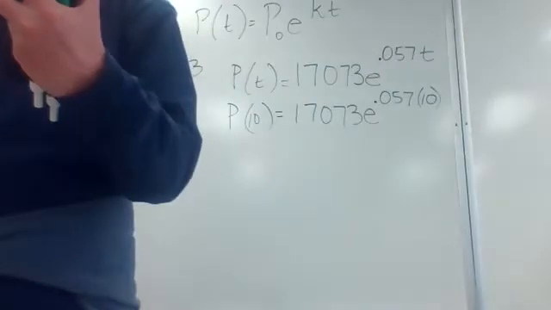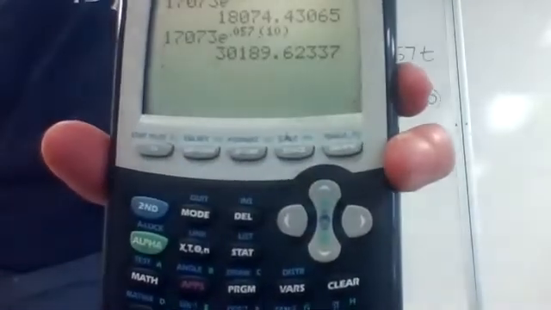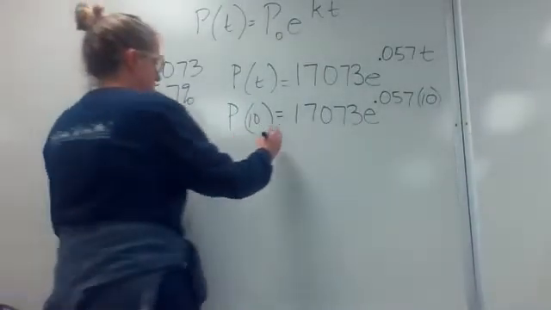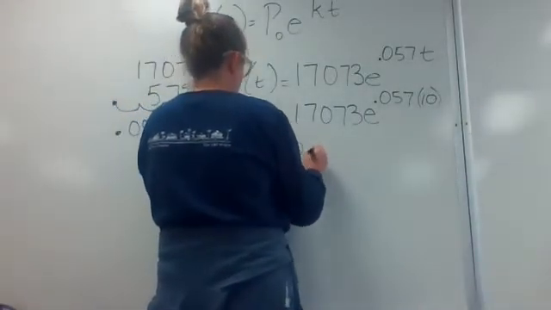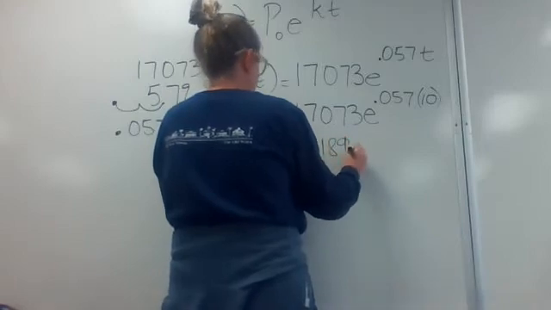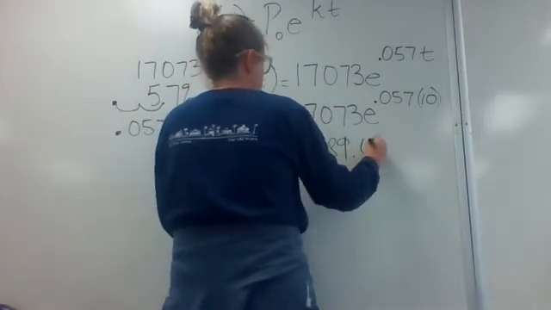Enter. So this one, if we round it to 2 decimals, after that 62 is a 3, which means I don't need to round up. So after 10 years, I've got $30,189.62.